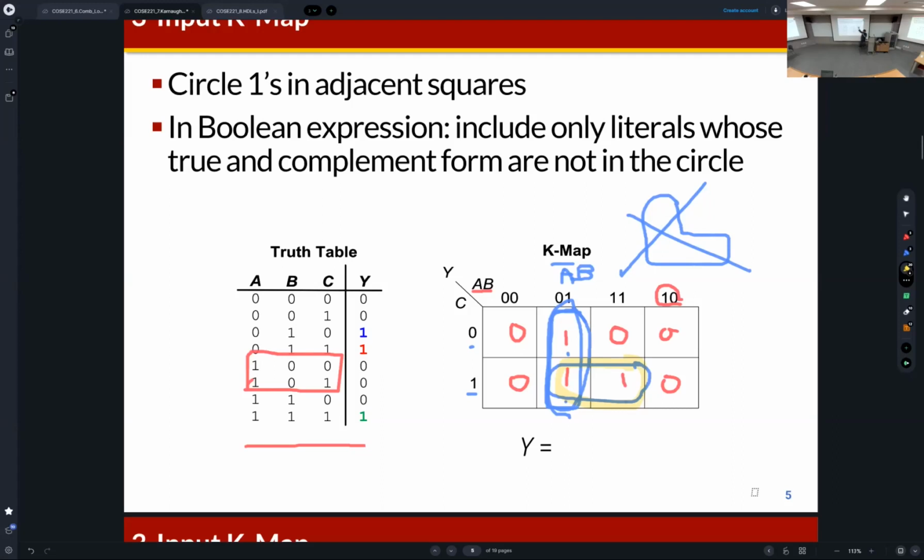So the A can be removed. And then how about the B? B is always 1. So what does that mean? For this group, the optimized form is: A is eliminated because A can be 0 and A can be 1. So it's the B. And also C is 1. It's the C. Okay.